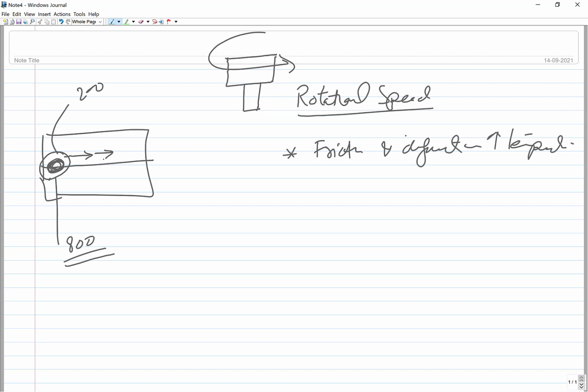So let us talk about the sequential steps which are used in friction stir welding. There are, let's say, three main steps.